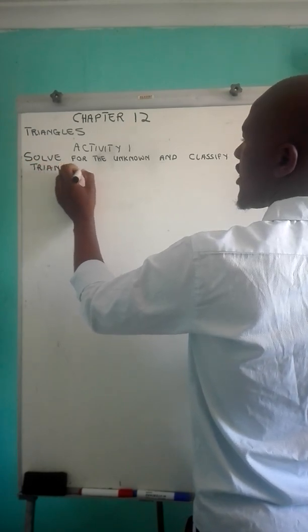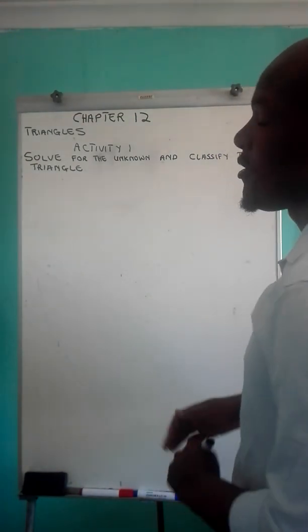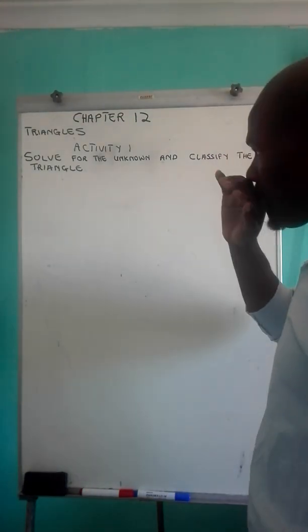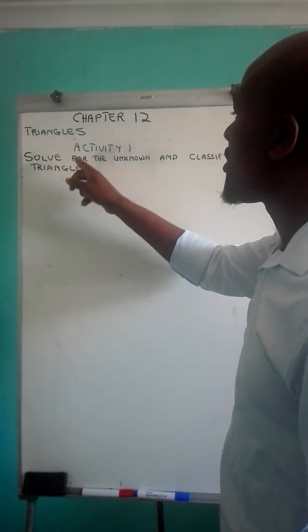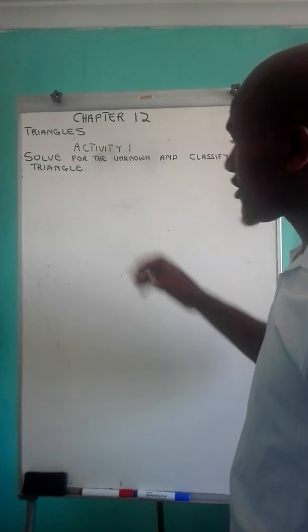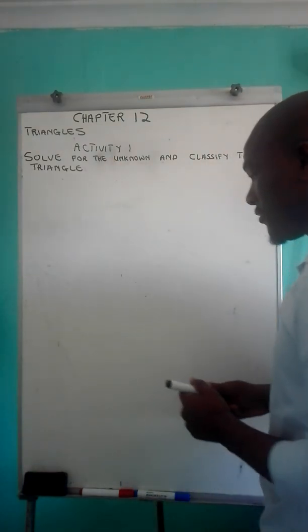You need to solve for the unknown and classify the triangle. By implication, you cannot classify the triangle without solving the unknown. First find your unknown, then you classify the triangle. Okay.